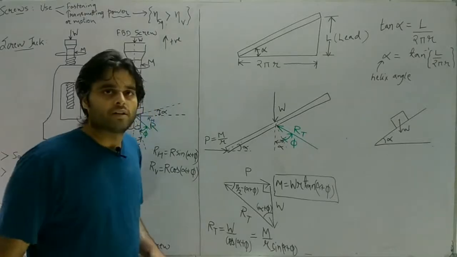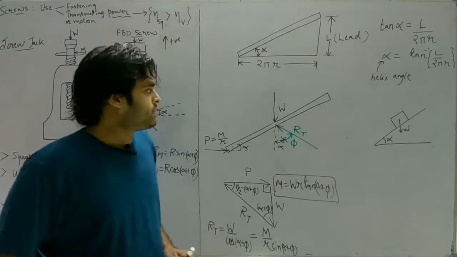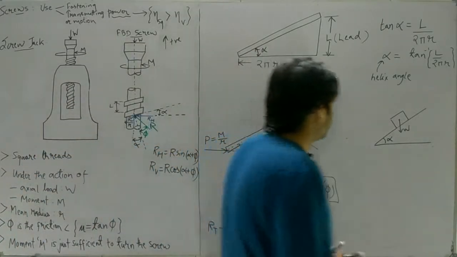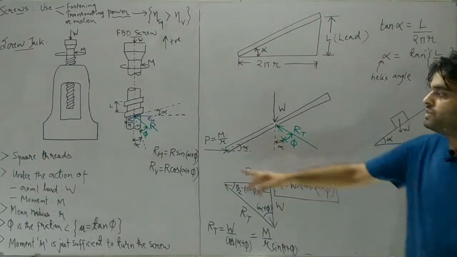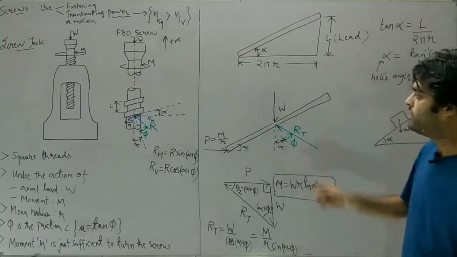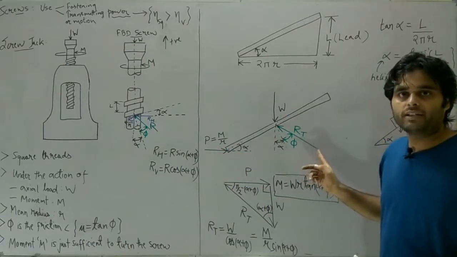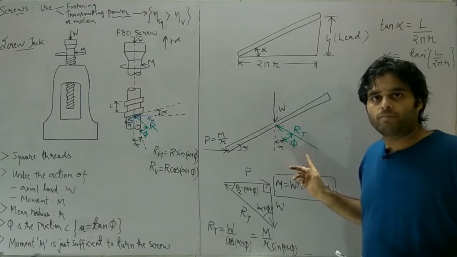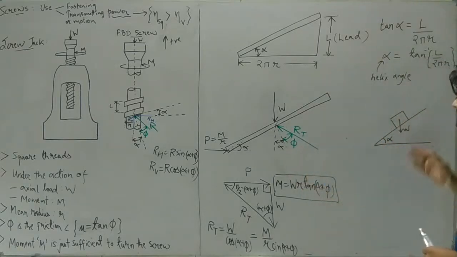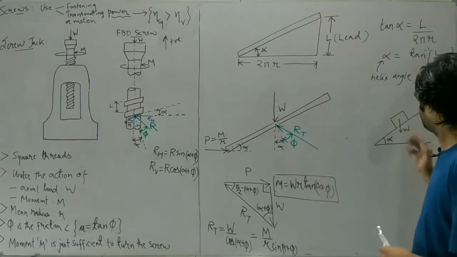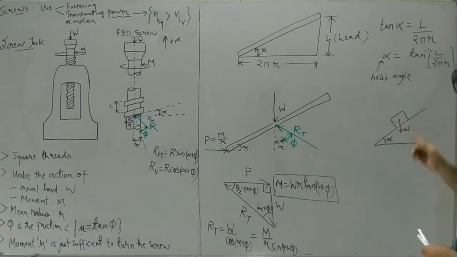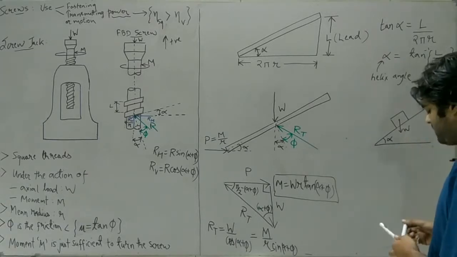Now we come to a concept called self-locking. If we remove this force P, then only the weight and the reaction from the frame will be there. So this is very similar to this problem. A weight W is on an inclined plane.